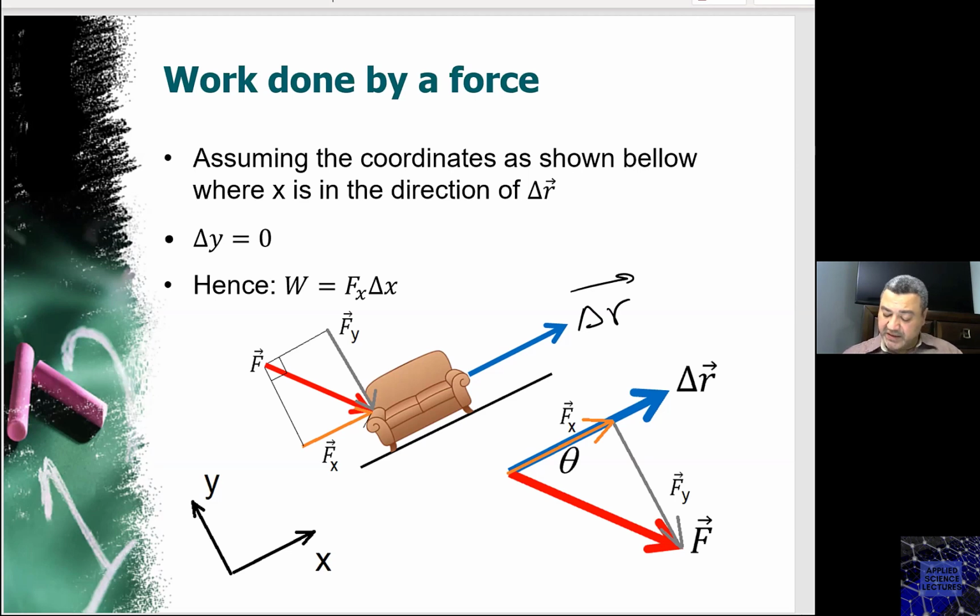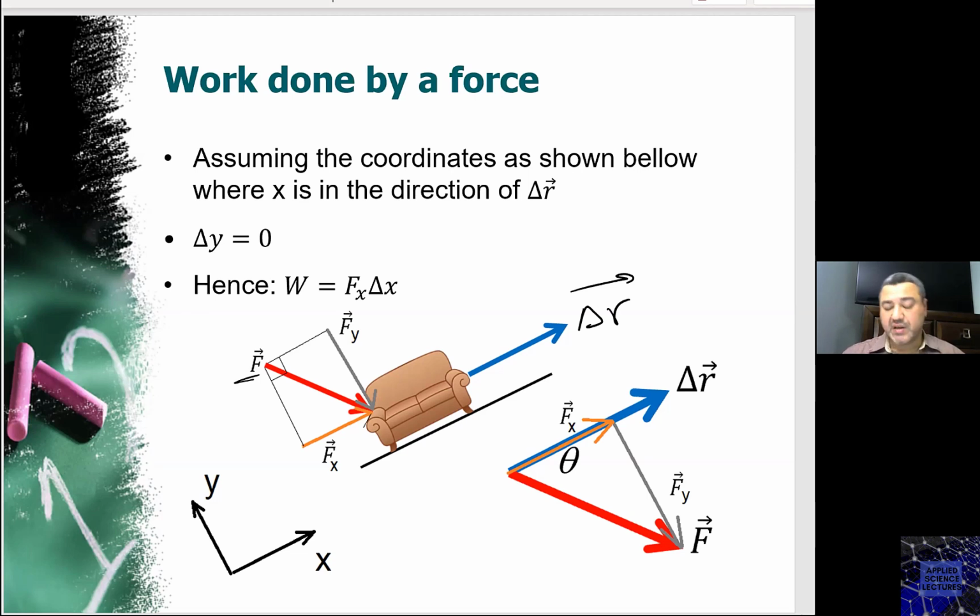In this case, the only component that is going to contribute to the work is the x component of the force. Why? Because my y component of the force is perpendicular on the displacement.